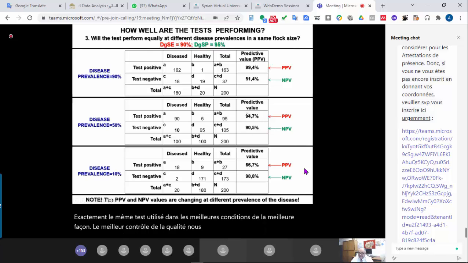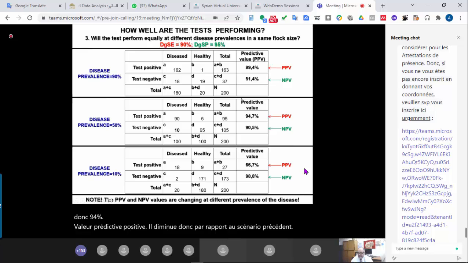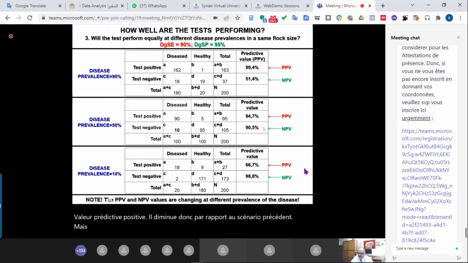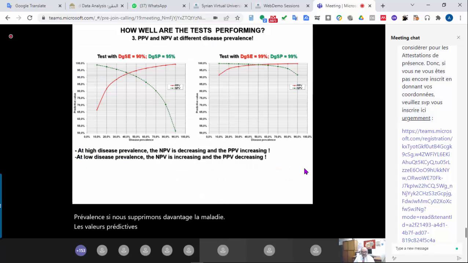So we have 94% positive predictive value, so it is decreasing compared to the previous scenario, but the negative predictive value is increasing a lot. And if we have 10% prevalence, if we further suppress the disease, again, the positive predictive value is decreasing further, and the negative predictive value is increasing further.